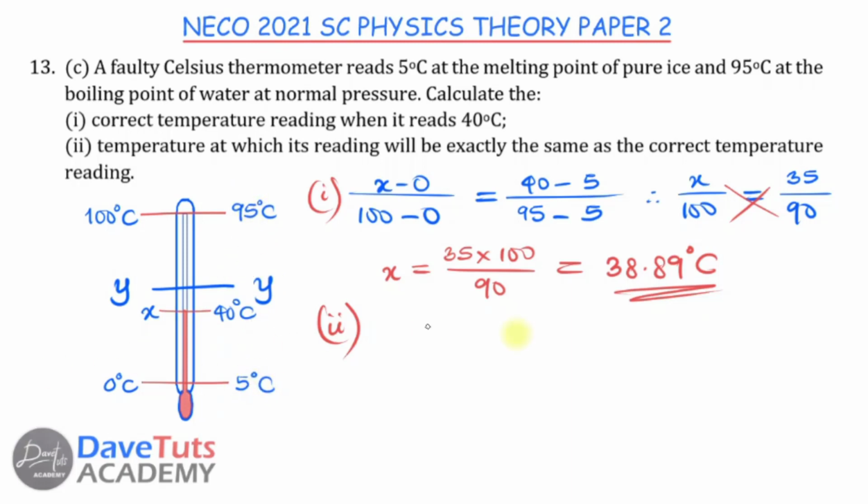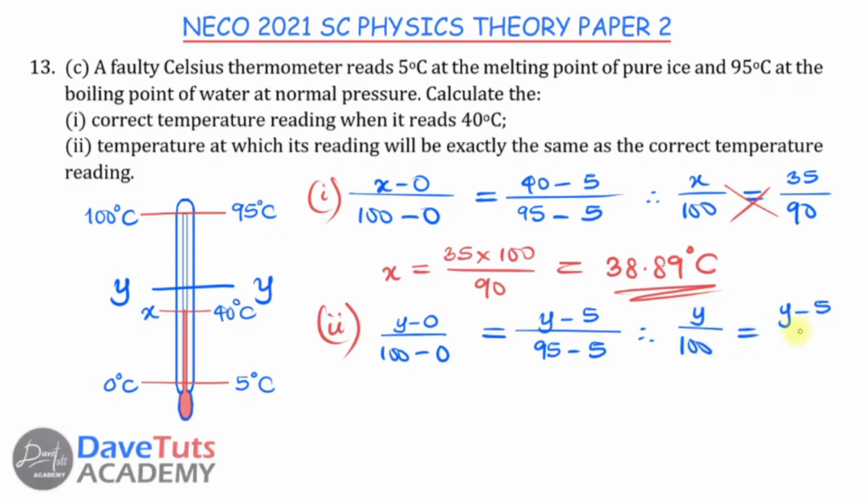So here I'm looking at Y minus 0 over 100 minus 0 is equal to Y minus 5 over 95 minus 5. That means we have Y over 100 is equal to Y minus 5 over 95 minus 5, which is 90.